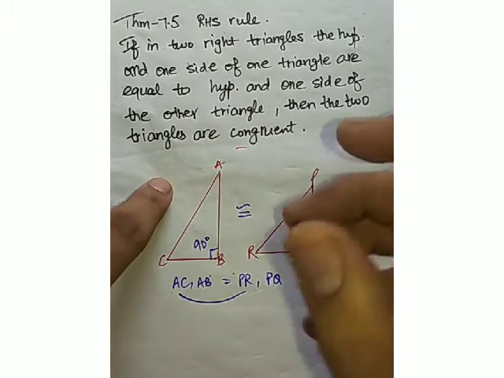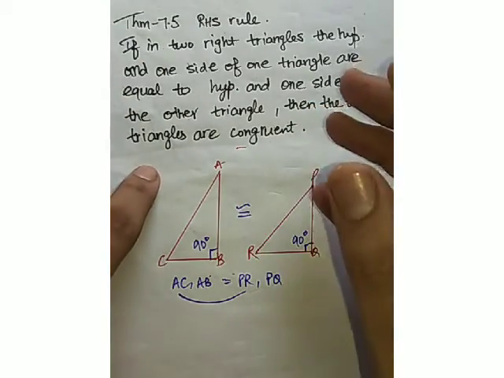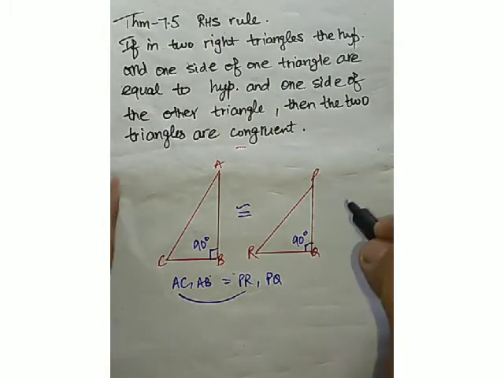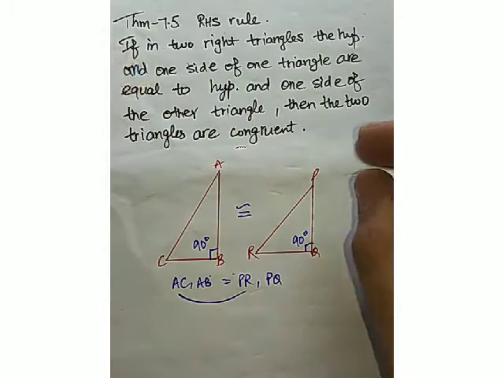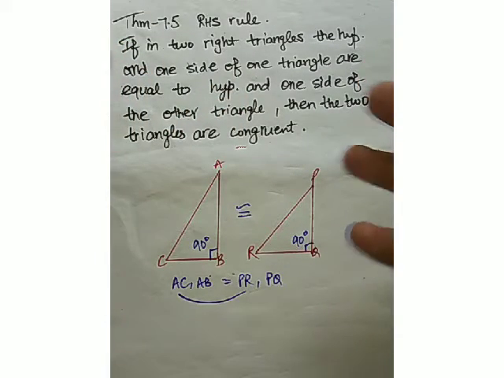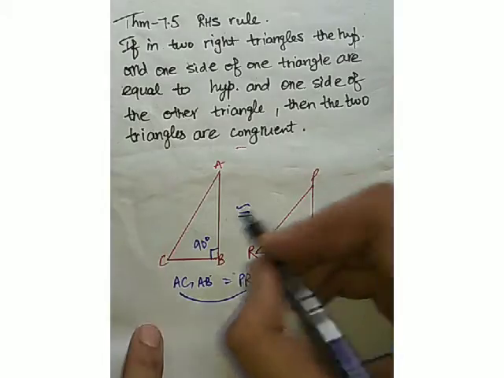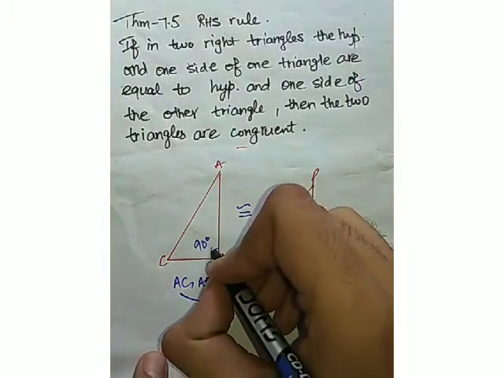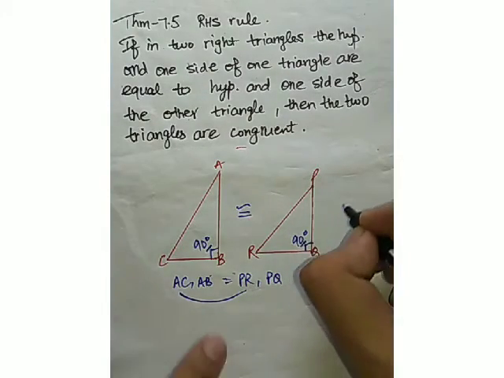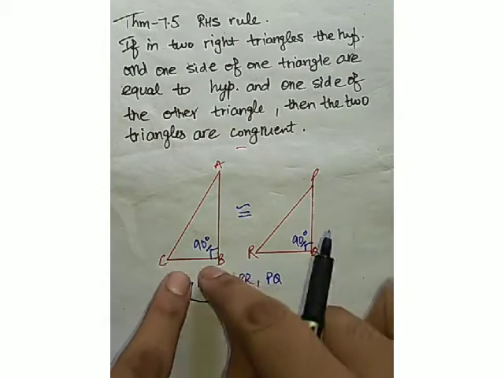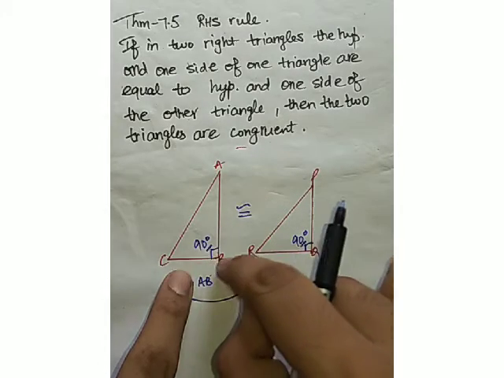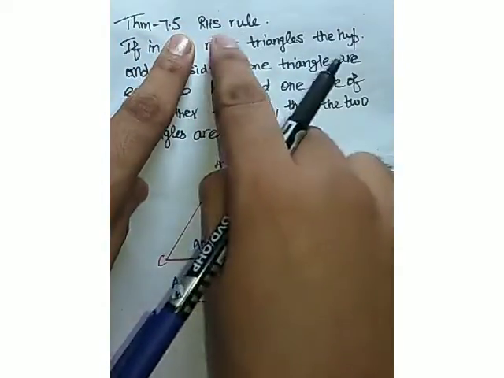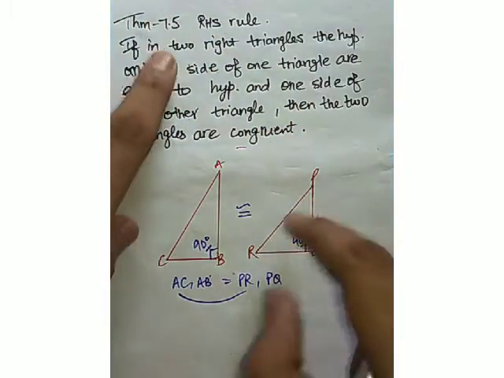Otherwise we have studied SSS, three sides, two angles and one side, two sides and one angle, in which three things were included, but here only the hypotenuse and one side is required, provided the triangle is already given as a right angle triangle. If it's not given, then you have to prove that the triangles are right angle triangles, and only then you can use RHS rule to prove that these two triangles are congruent.